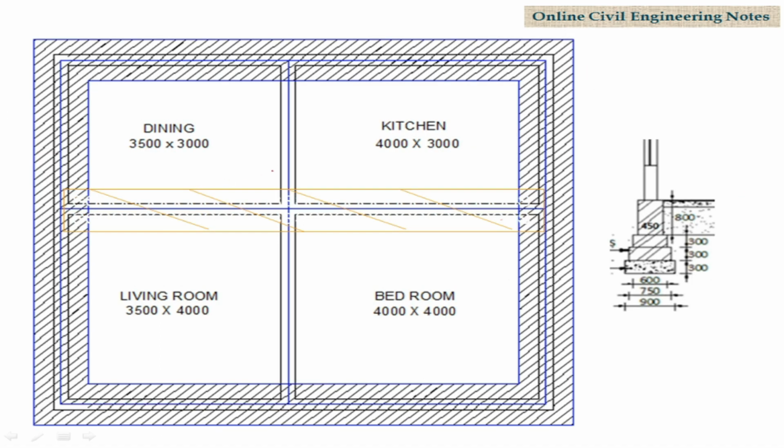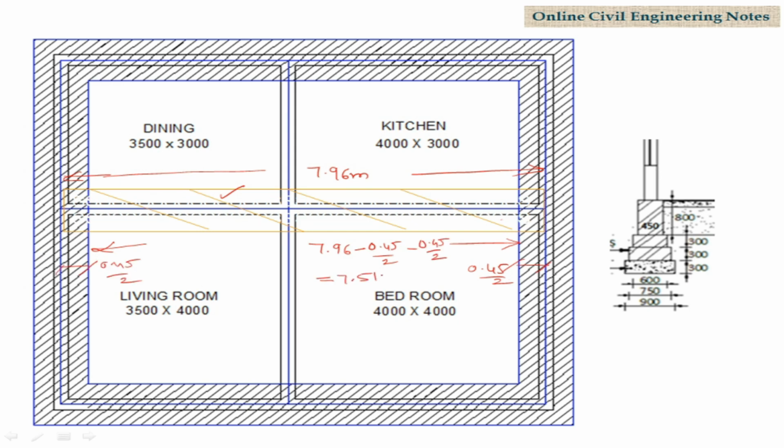The center to center length for this long cross wall portion is 7.96 meters. But the length to be considered is this much length only. This length is equal to 7.96 minus 0.45 by 2 minus 0.45 by 2. This is 7.51 meters.